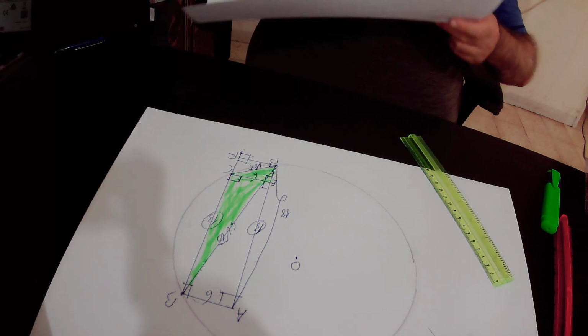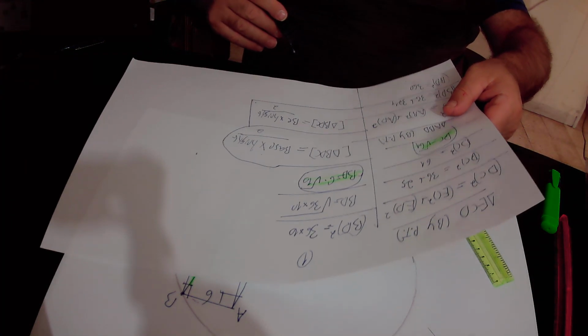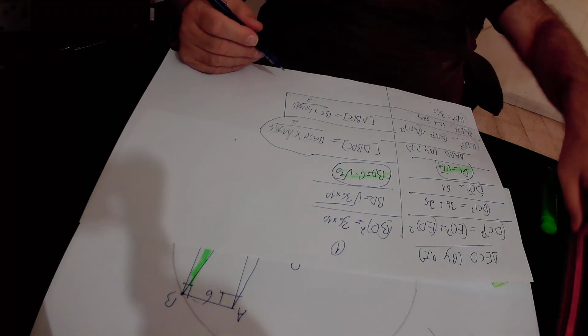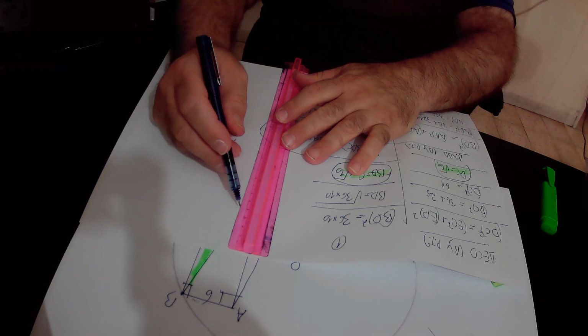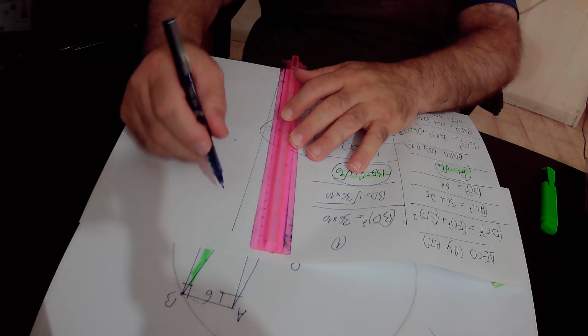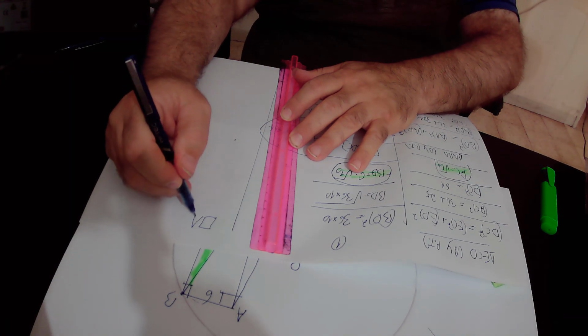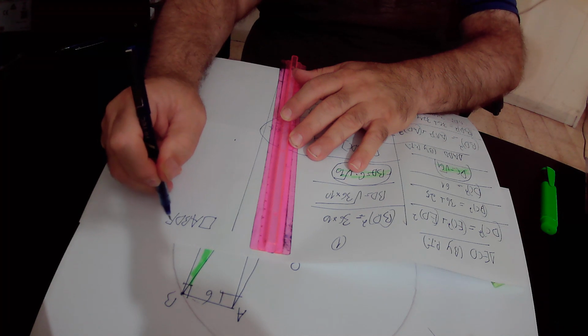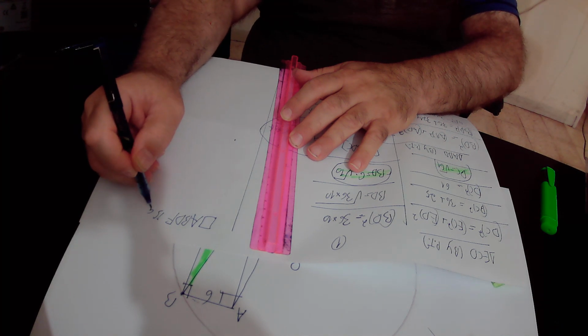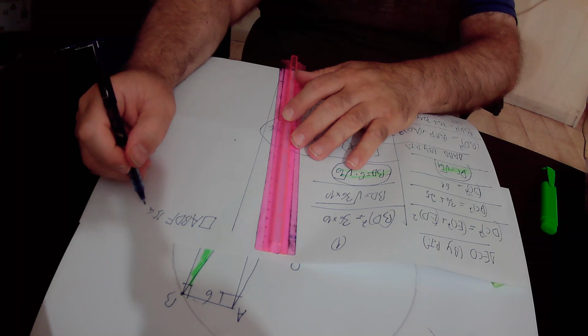Okay, so I write it down. Quadrilateral ABDF is a rectangle. Why? Because it has 4 right angles.